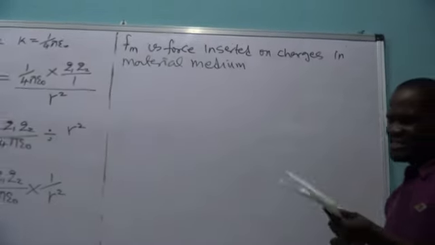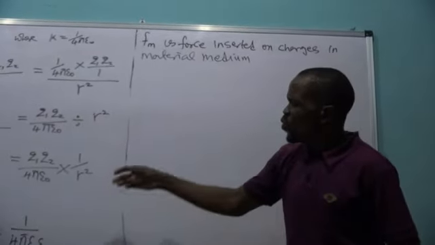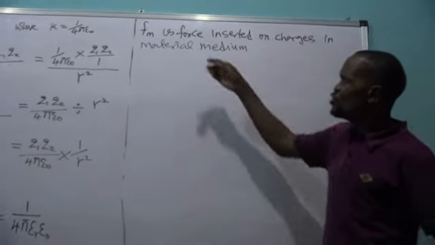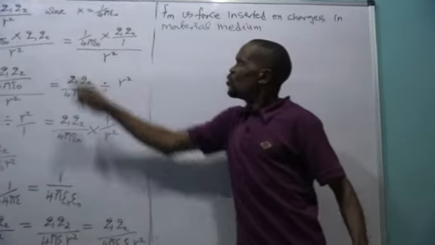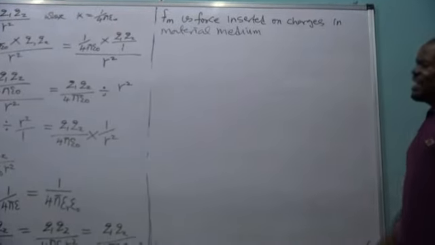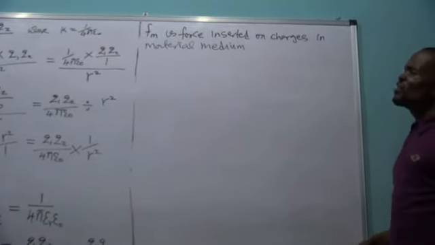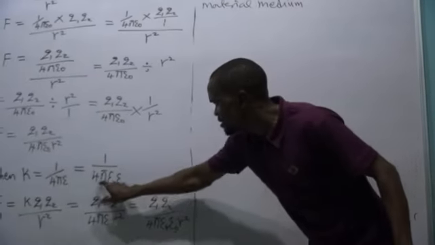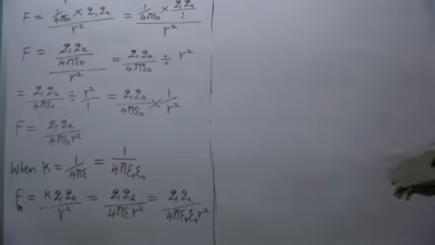Then we are seeing that when this experiment is done in free air, we make use of what? This. When it's done in another medium other than free air, we make use of what? This. Or this. You have seen it.